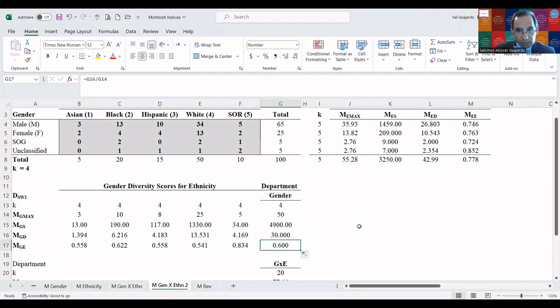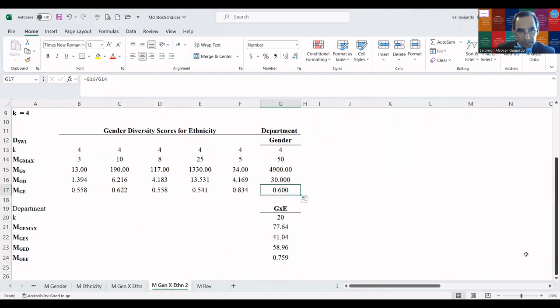total organization in terms of gender, ethnicity, the McIntosh standardized score is 0.60, indicating that 60% of the maximum value of 50 was obtained. Again, I can do that by gender, by ethnicity. You recall there are 20 groups.